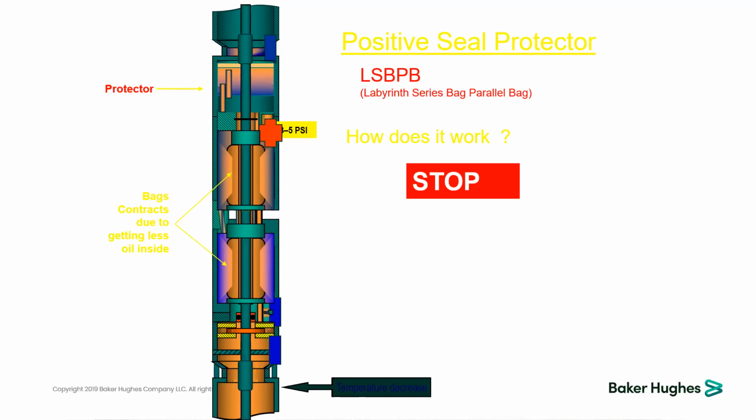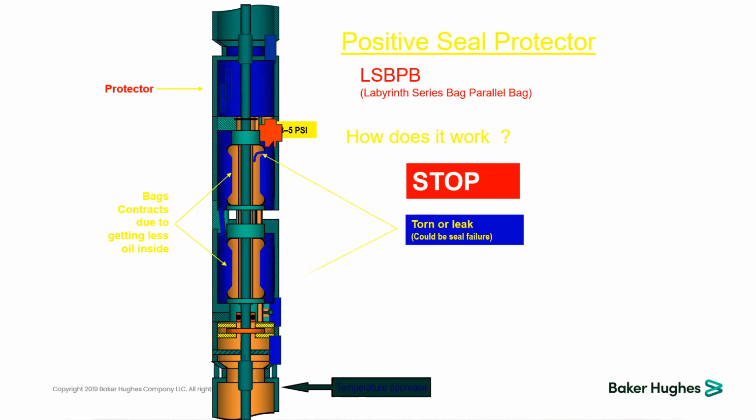Due to that heat, the well fluid will go into the bag, and then the mechanical seal or the bag will fail, and then you will have an ESP failure due to water invasion, or well fluid goes to the motor and the motor will get burned.